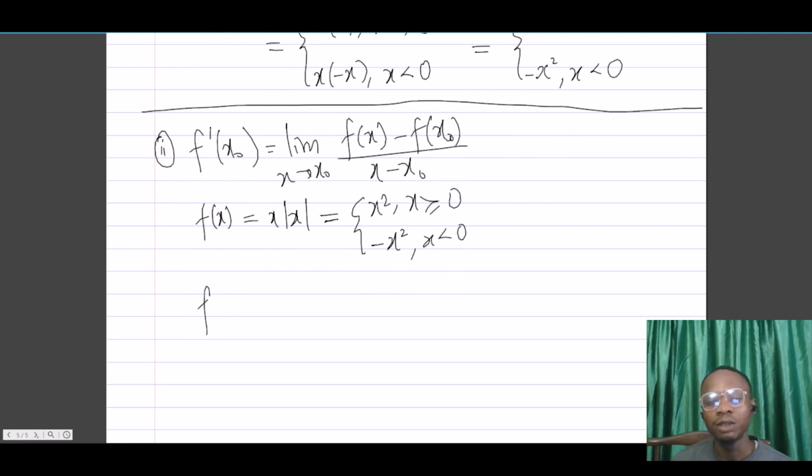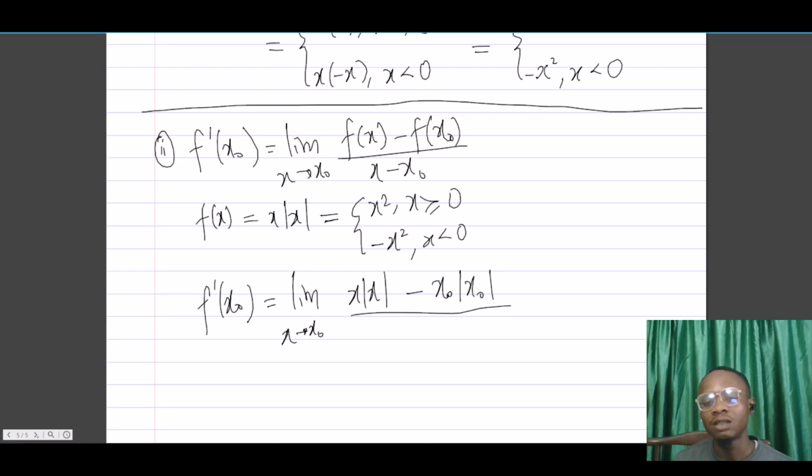So we know that from here f prime of x naught will be equal to the limit as x approaches x naught of f of x, which is x multiplied by modulus of x, minus f of x naught, which is x naught multiplied by the modulus of x naught.